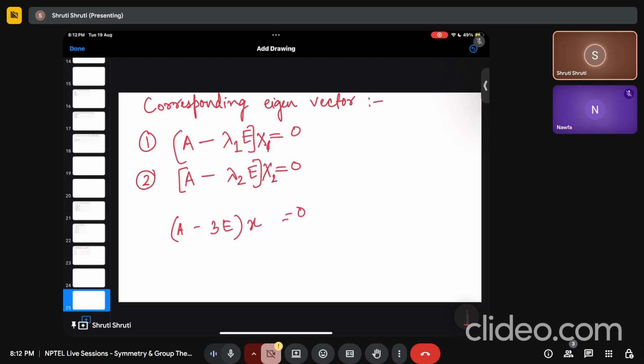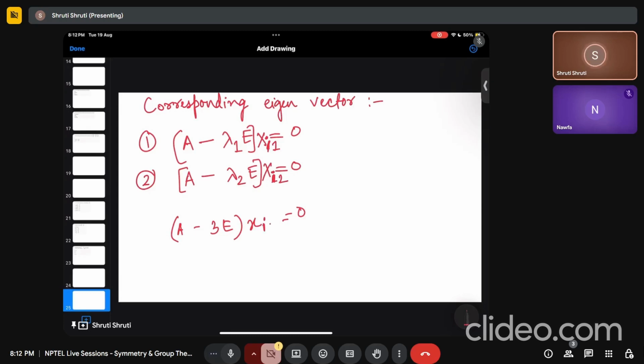X1 you are taking, right? This should be x_i1, this should be x_i2. So your i will change, and 1 denotes that this is the first eigenvector.